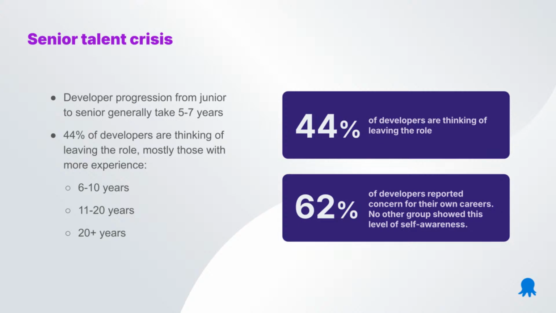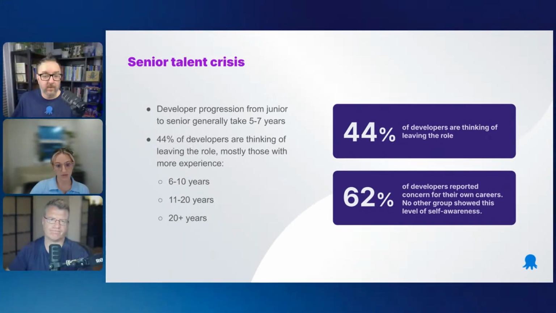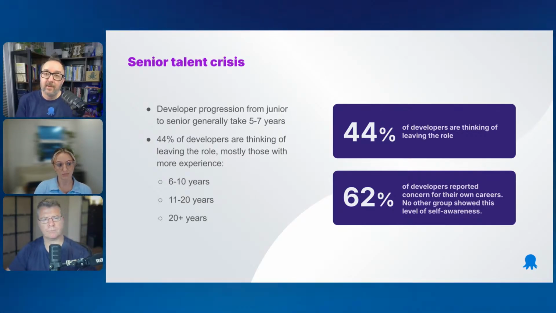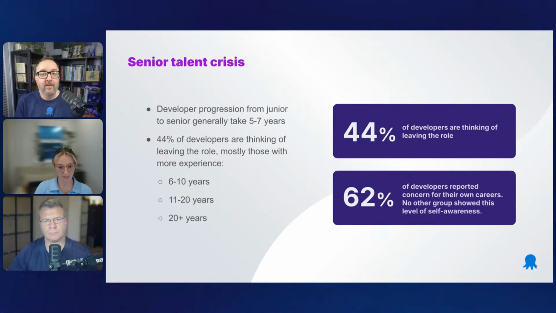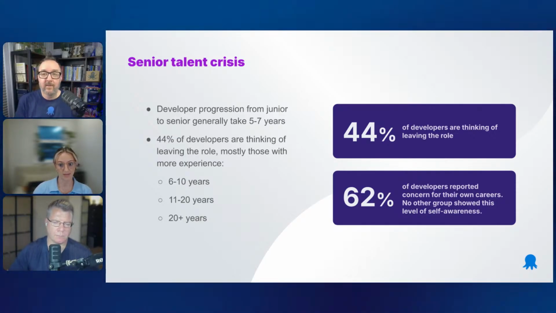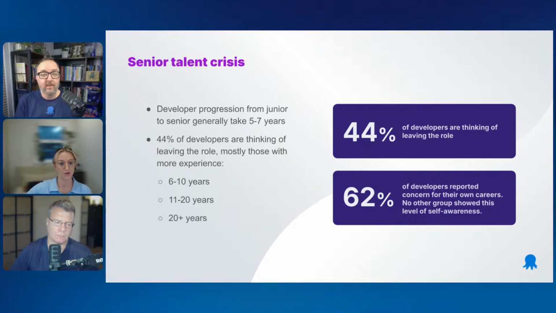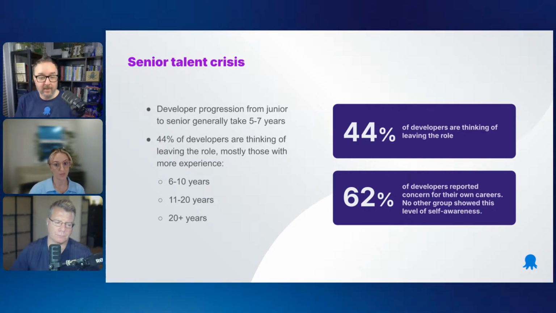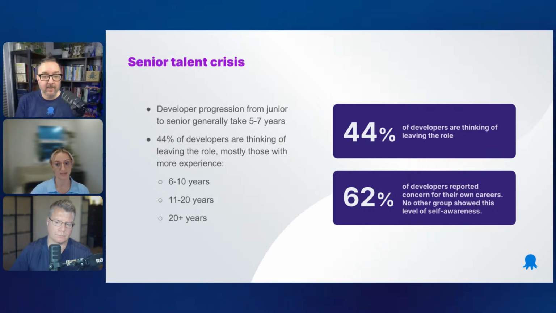That is a natural progression, which is what Steve mentioned before, but it's going to create vacancies in the industry, and we are not in a position at this stage where we have enough juniors to fill those roles in the next, probably, 3 to 5 years. So that's kind of what this slide is saying.